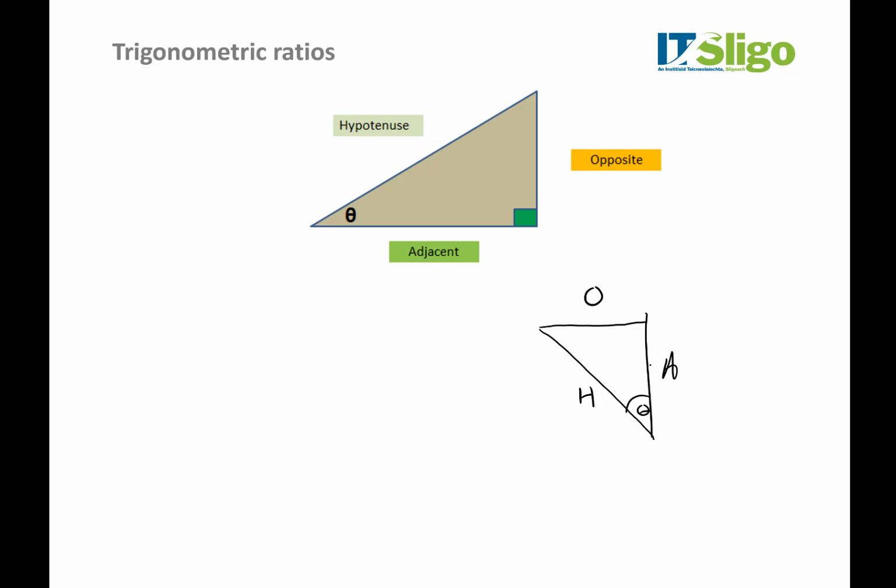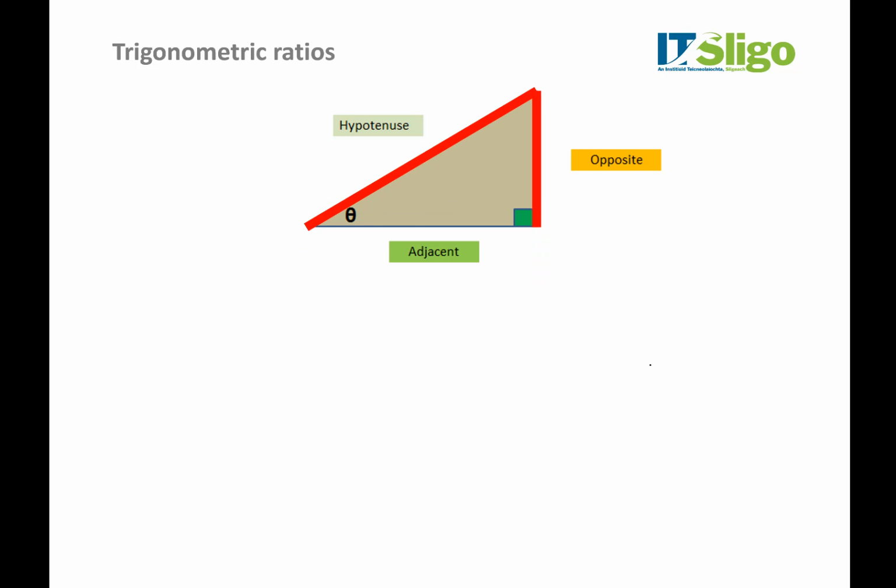So just be very clear on that, that's crucial. Now, I can describe that angle theta using these two sides, the opposite and the hypotenuse. So I don't need the third side, I just need two sides to describe the angle, because you can always envisage that the third line is just a dotted line.